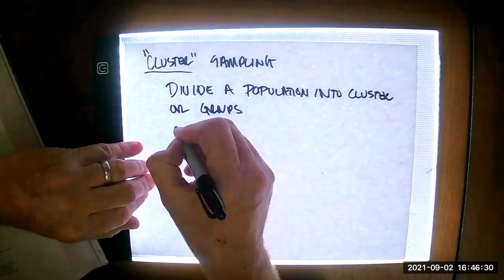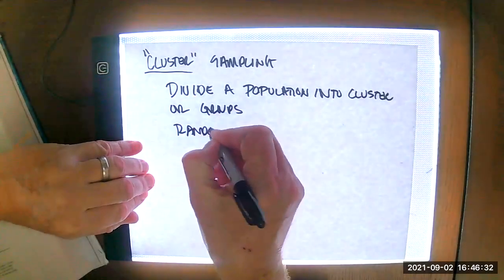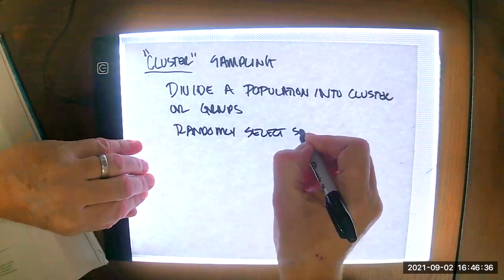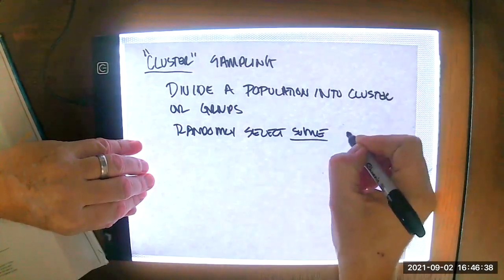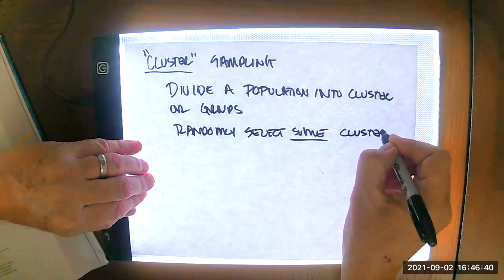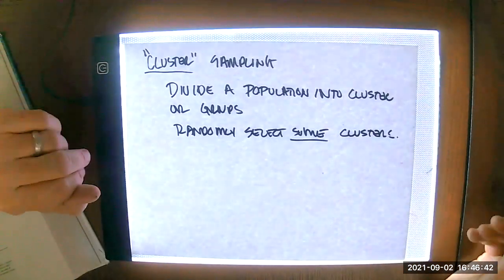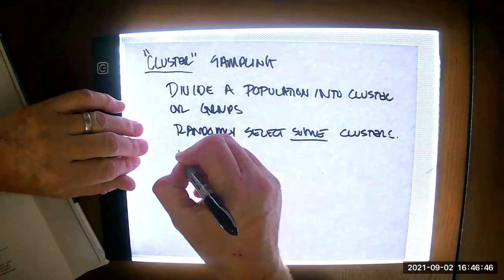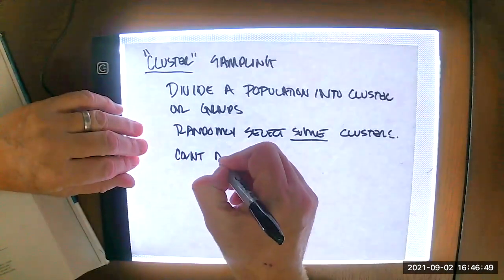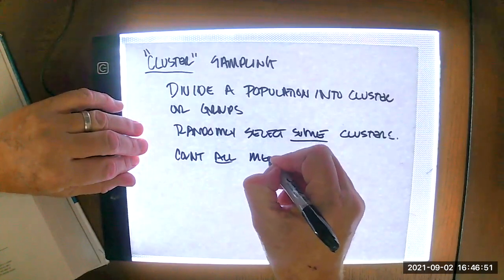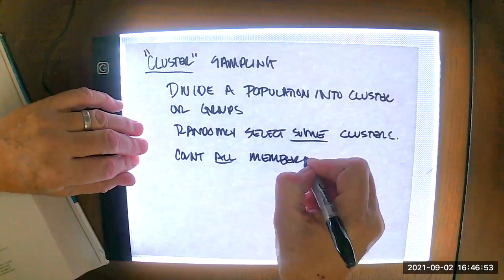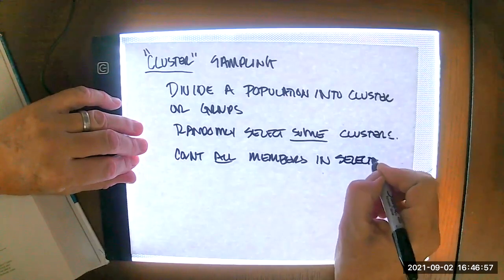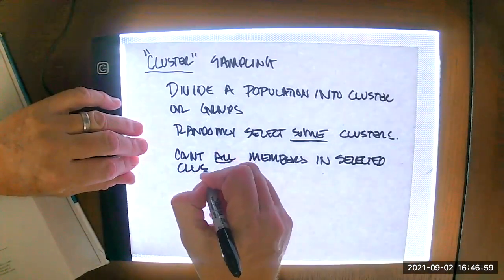And that's the first part. Then what we do is we randomly select some clusters or groups. And then we make sure we go ahead and count all members in those selected clusters.